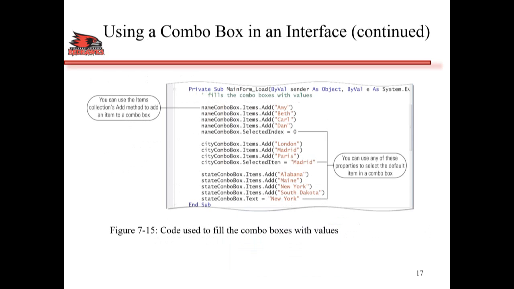The way you add stuff to the combo box is identical to the way you add stuff in list boxes. There's also the selected index, the selected item, similar to list boxes, and there's also the text property of the combo box, which was not there in list box. And here you either assign some text, or it basically shows you what text is currently selected in the combo box.